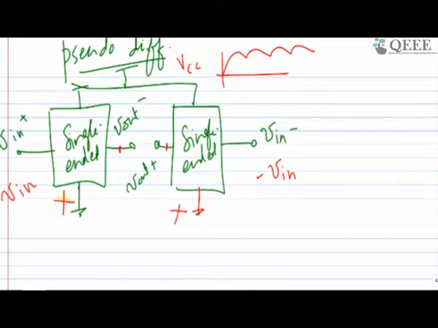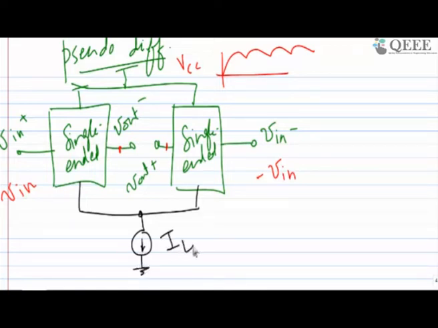However, if you want to make a circuit which is differential, you have to make sure that both the circuits are connected through one current mirror or current source. I named it IE everywhere, so I am keeping IE here. What is the role of IE?